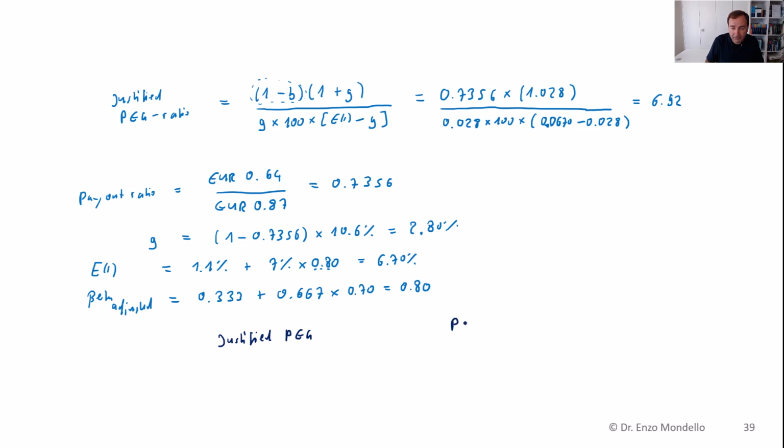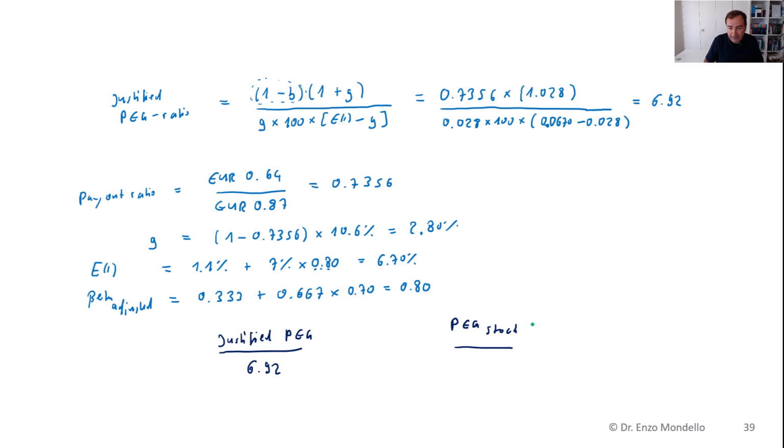So we have a justified PEG ratio of 6.92, and the PEG ratio of the stock can be calculated as follows.